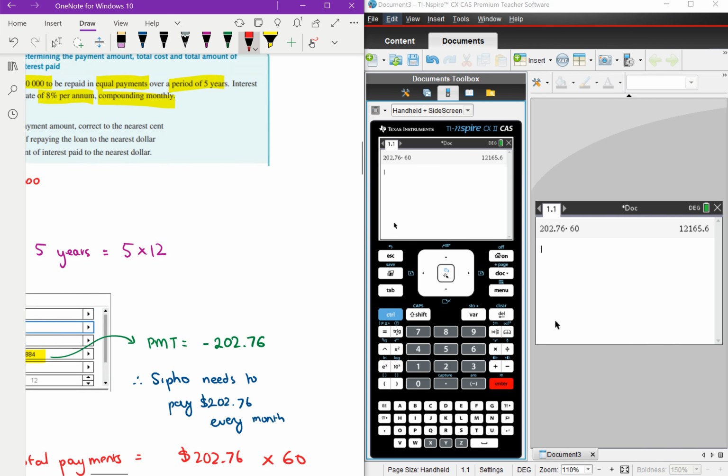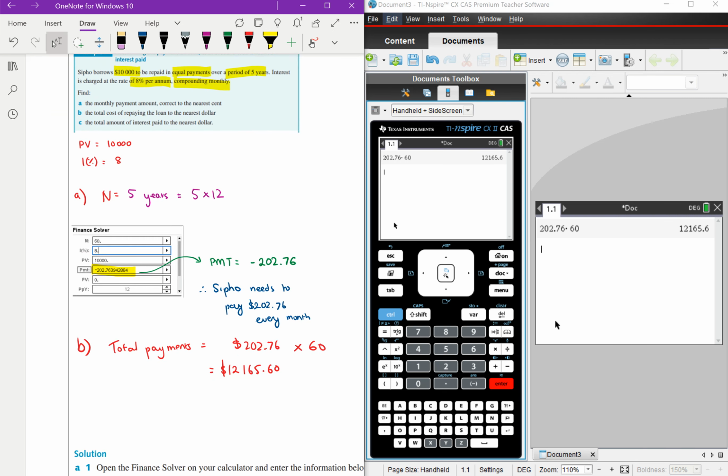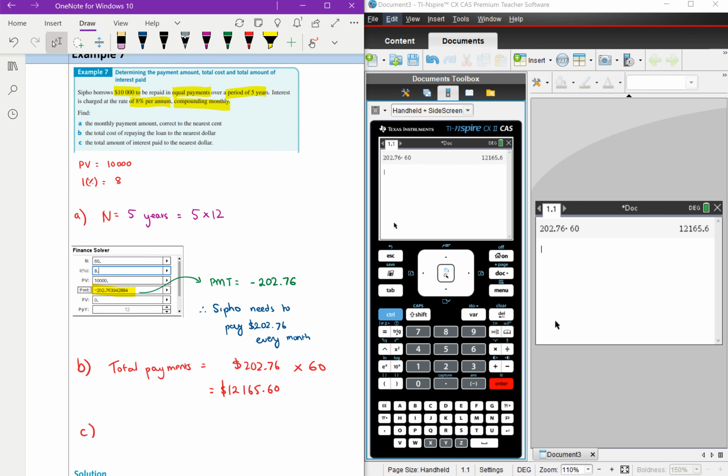And then part C, what do they ask me to do? They want you to find the total amount of interest paid to the nearest dollar. This is pretty easy to figure out because how much did you borrow to begin with?